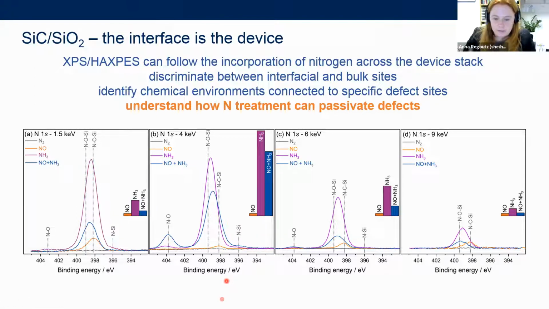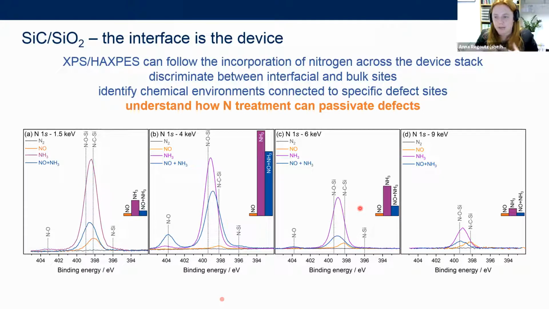One thing that was quite important is that in all the reactive environments, you can see these silicon carbon nitrogen environments. That tells you that nitrogen is able to bind onto silicon carbon dangling bonds, which is one of the main defects that was proposed before, and it can passivate the defect. By passivating these silicon carbon dangling bonds, it improves the device performance.